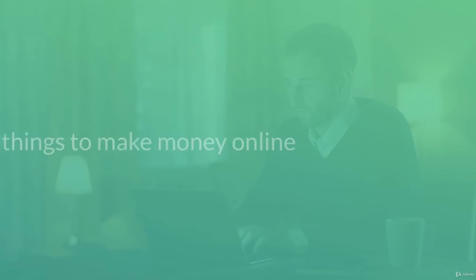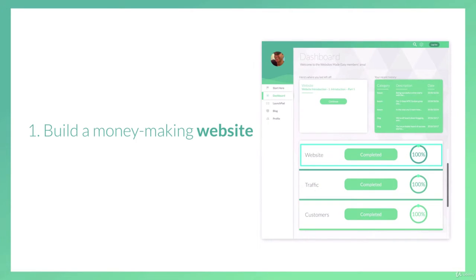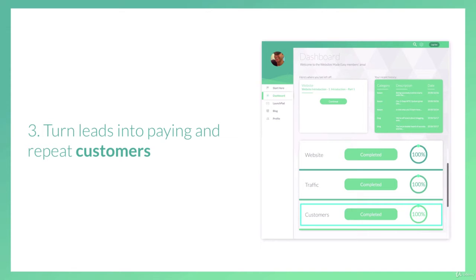And long story short, I got so tired of being broke that I swore I would stop buying the latest course with money I didn't even have and just focused on what I found worked. So when I stripped everything back, I discovered you really only need 3 things to make money online. You need to build a money-making website, get targeted high-quality traffic to your website, and turn those leads into paying and repeat customers.